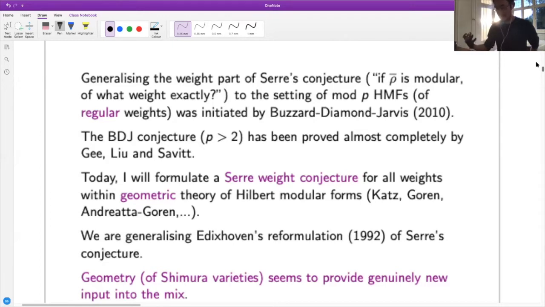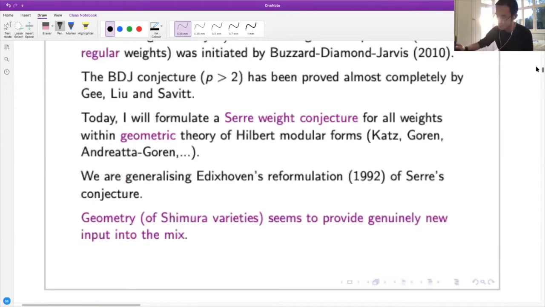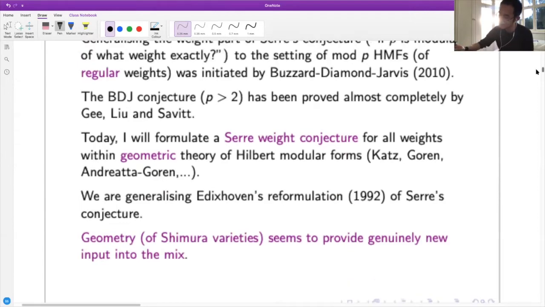But generalizing the context from elliptic modular forms to Hilbert modular forms involves a little more intricate geometry, and that makes the story harder to keep track of. So that's what I want to talk about. In a nutshell, what I want to emphasize is that geometry of Shimura varieties seems to provide a genuinely new input into the mix, and elaborating this point is the goal of my talk.